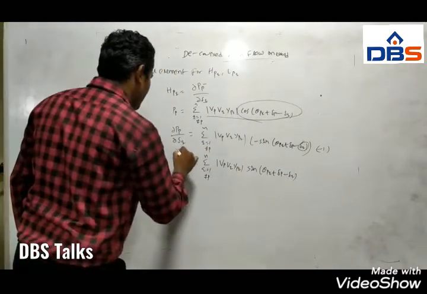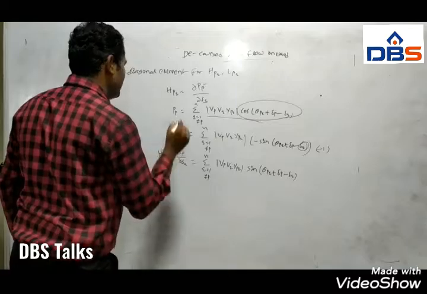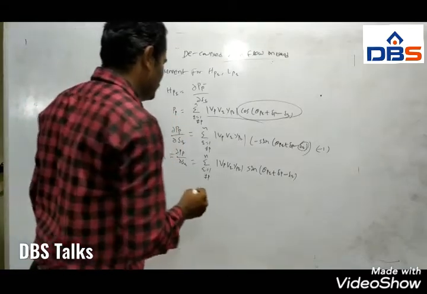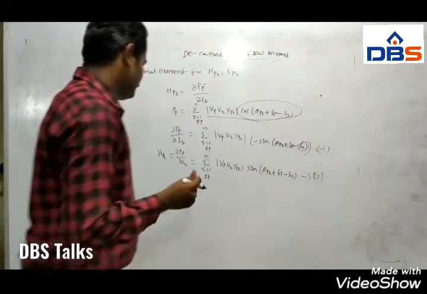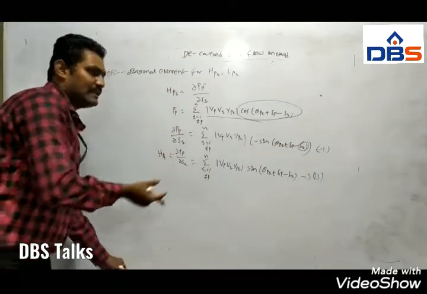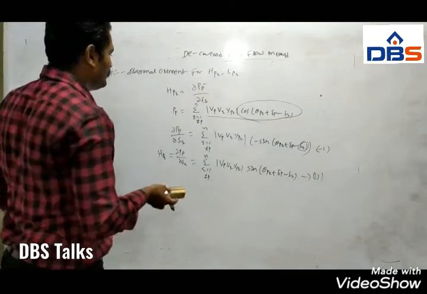This is the off-diagonal element of the H element of the Jacobian matrix. Treat this equation as the 13th equation. Similarly, we have to obtain the off-diagonal element of L_pq also.